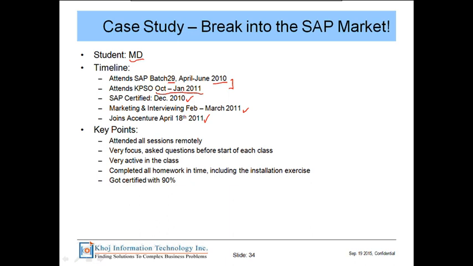So that means if you discount these months of July, August, September, these 3 to 4 months where she had a personal thing going on, from October to April she was actually working, right? She did the KPSO, she did 2 months of marketing, and this was her previous training.